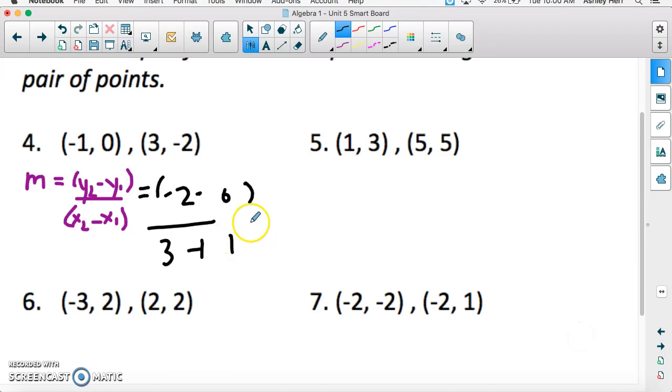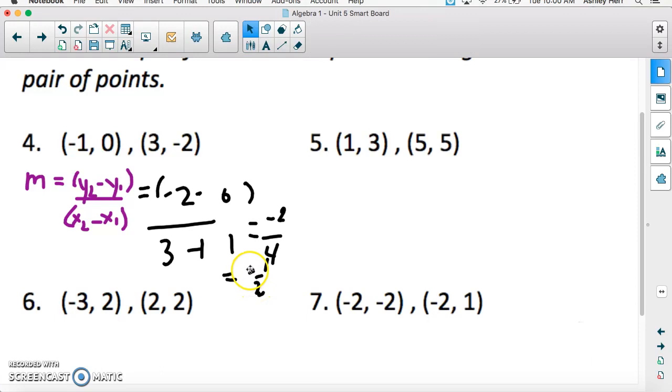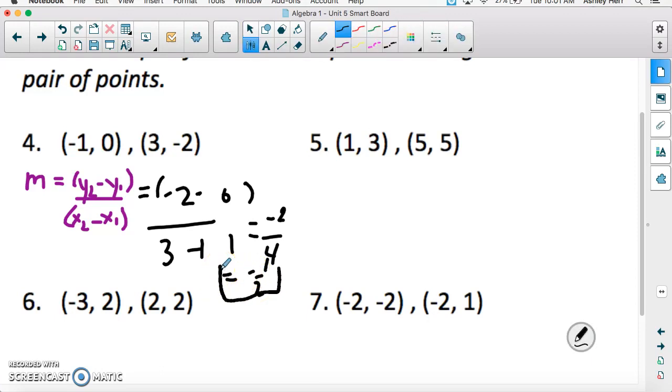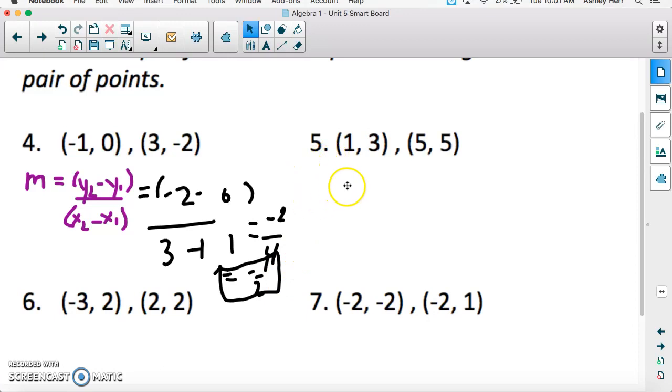So -2 minus 0 is equal to -2, right? What's 3 plus 1? 4. So when I reduce that, I get my slope is equal to -1/2. Excuse my messiness. It's my first time doing this, so it's -1/2.